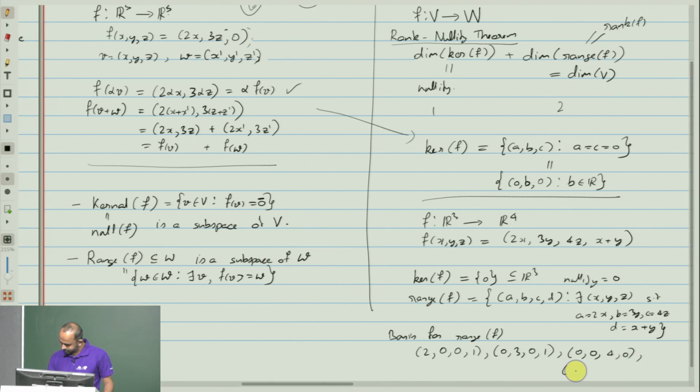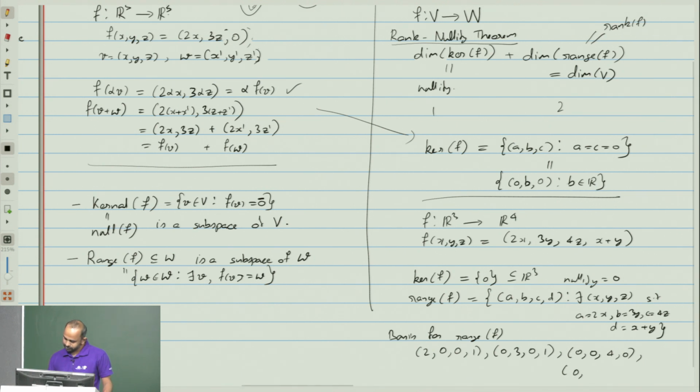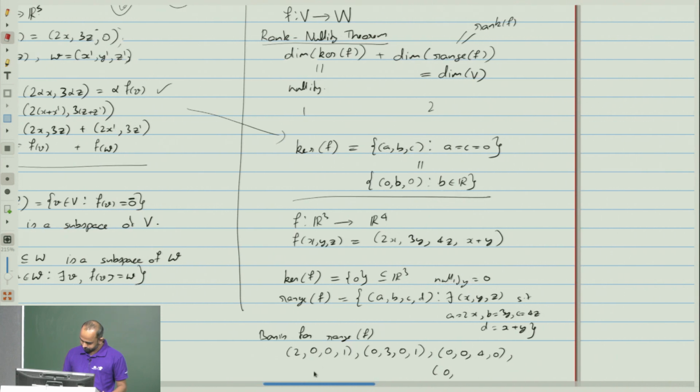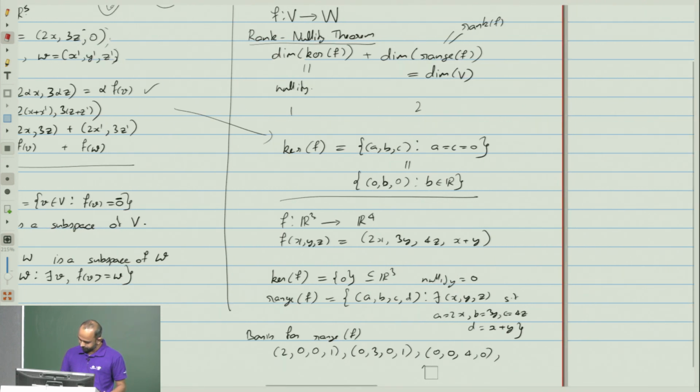That's it, 3 basis vectors. So these 3 form a basis. The claim is these 3 form a basis for the range of f. You can span all elements of the range of f using these 3 vectors.